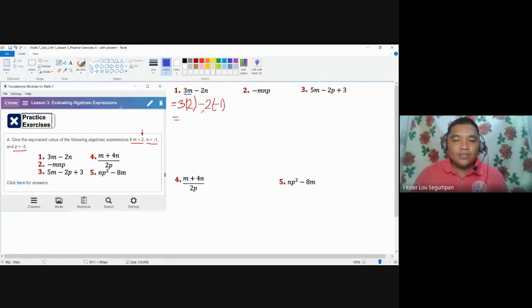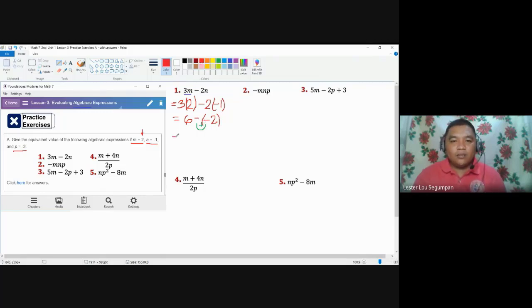So 3 times 2, multiplication, becomes 6. You still copy the subtraction. 2 times negative 1 is negative 2. Next, we have a negative here, so you will use the double negative property, and the two negative signs will be changed into positive.